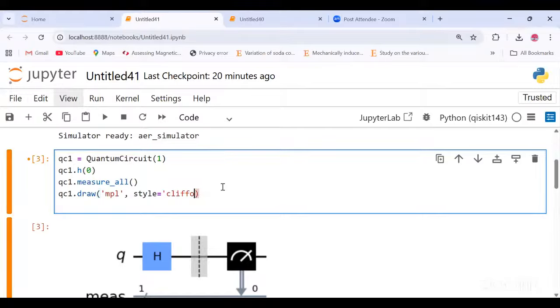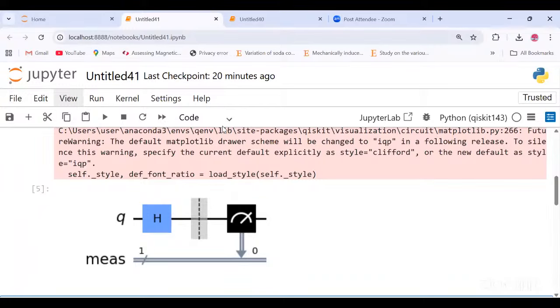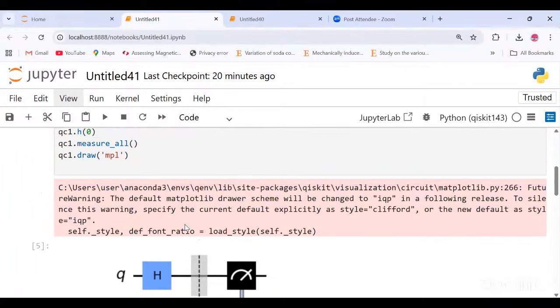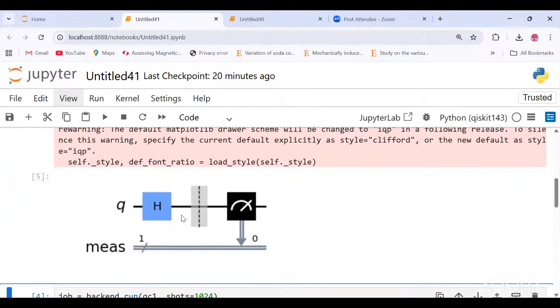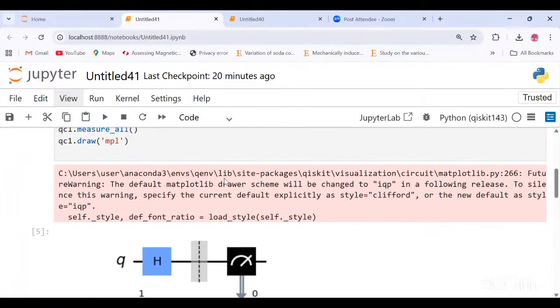If you do not write this command, the circuit will still be there, in fact, but the warning will come that they are going to change it in IQB. Very shortly they are going to choose a new command. That's why we have done this.